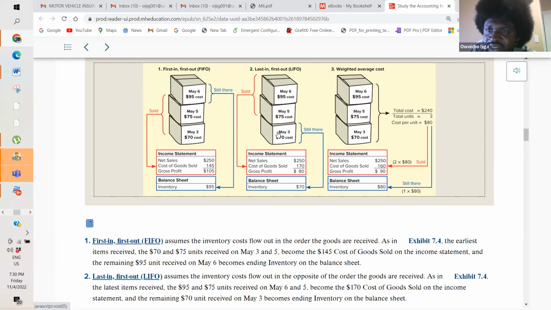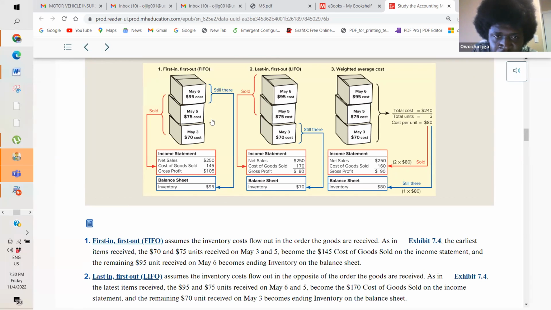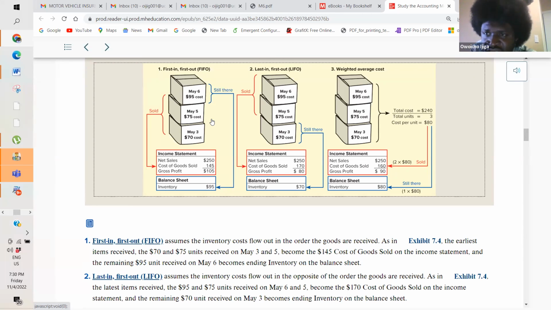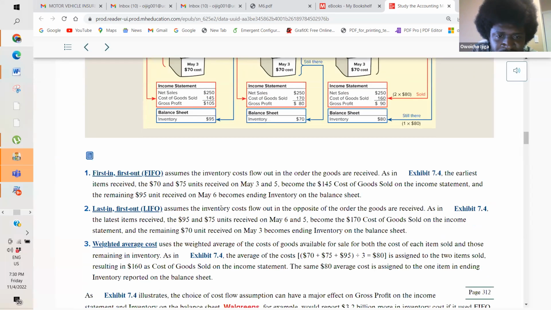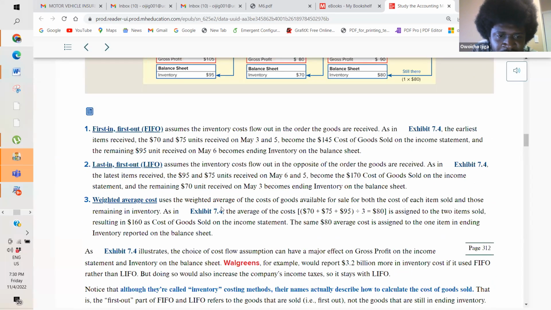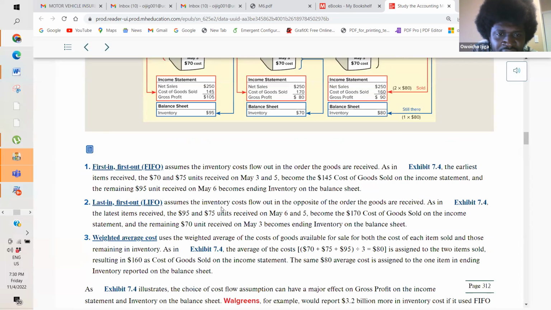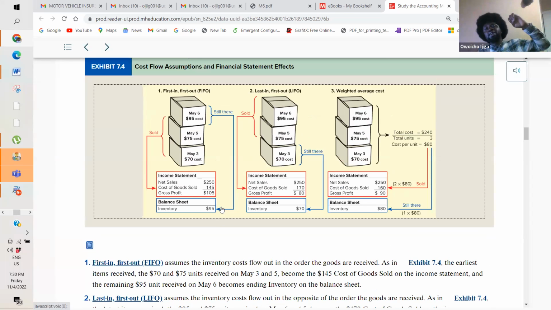So we'll not worry about the weighted average cost for this class. But let's keep in mind what first in, first out means. To summarize once again: first in, first out means the goods that you buy first will be the goods that you'll be selling first.